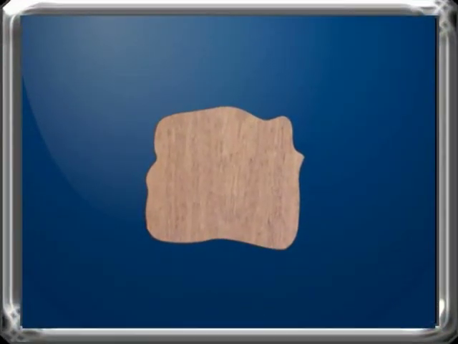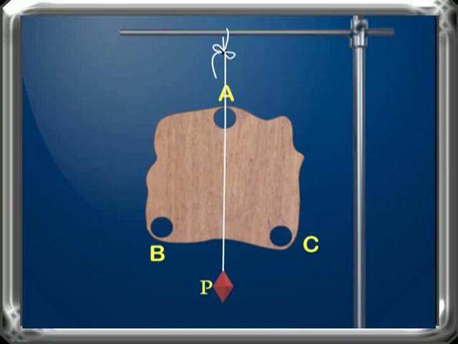Let's do an experiment to know the center of gravity in irregular bodies. Take a thick cardboard sheet of any irregular shape and make 3 holes A, B and C near its edge. Suspend the lamina through hole A by means of a string to a nail P. Suspend a plumb line from the nail P. Draw the line AD along the plumb line.